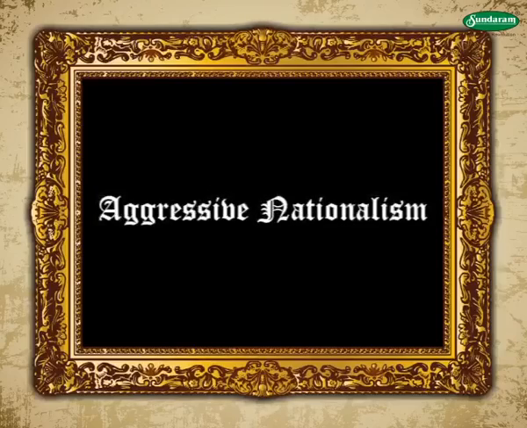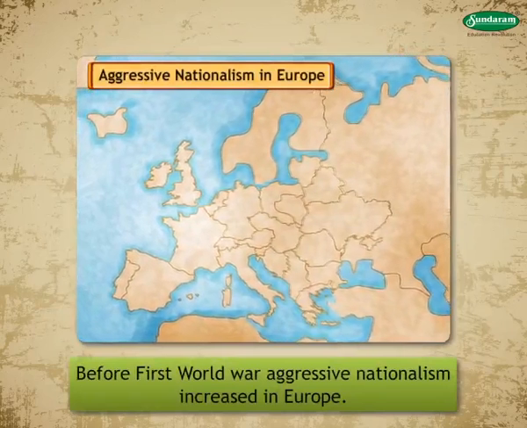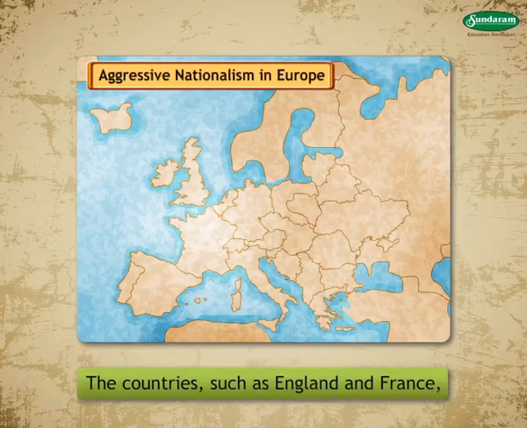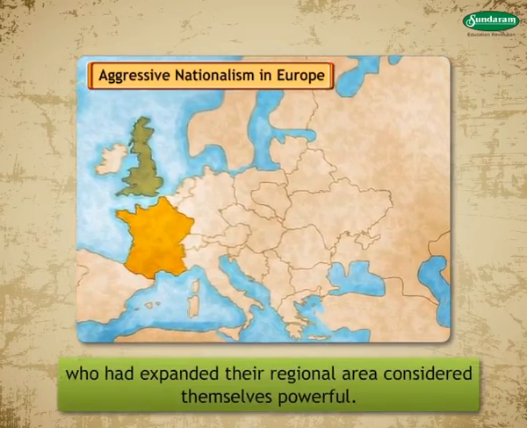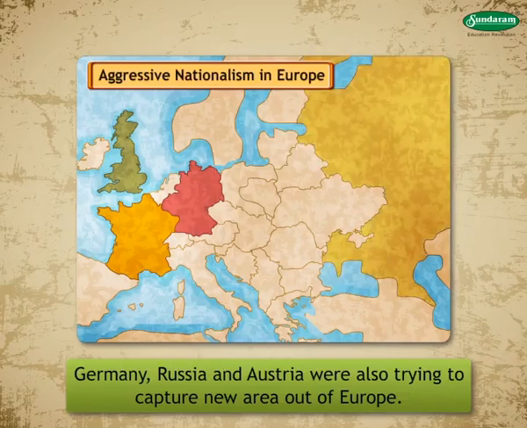Aggressive nationalism. Before First World War, aggressive nationalism increased in Europe. The countries such as England and France, who had expanded their regional area, considered themselves powerful. Germany, Russia and Austria were also trying to capture new area out of Europe.